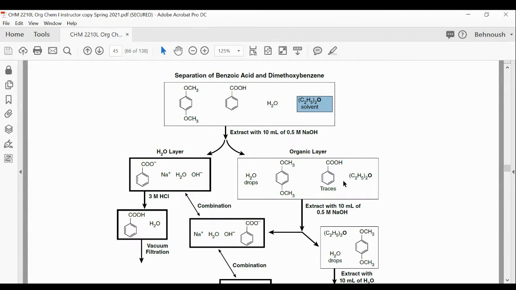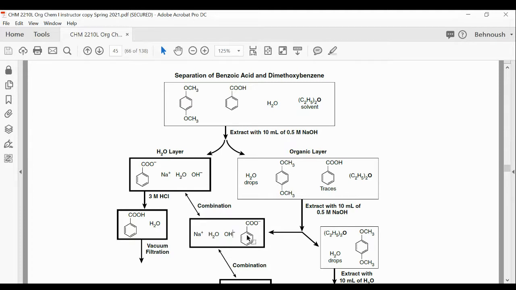To make sure to remove the rest of the benzoic acid, you're adding another portion of sodium hydroxide. This time, whatever benzoic acid is left is going to go to the aqueous layer, and you combine these 2 together.